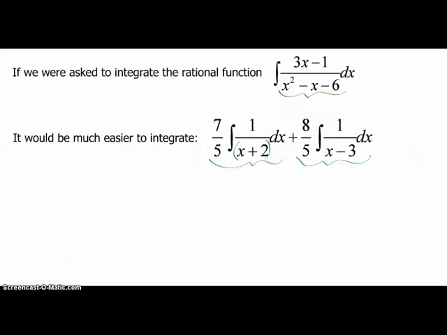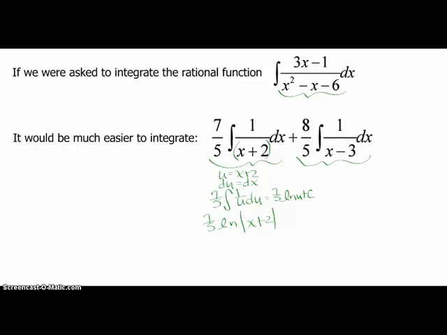Here, this is a u substitution where u is x plus 2, so du is dx. This is equivalent to 7/5 times the integral of 1 over u du, which is 7/5 times the natural log of u plus c. So this term would simply be 7/5 times the natural log of the absolute value of x plus 2.